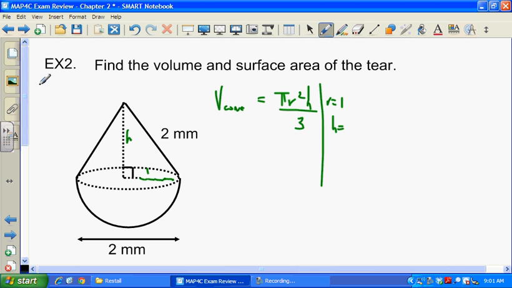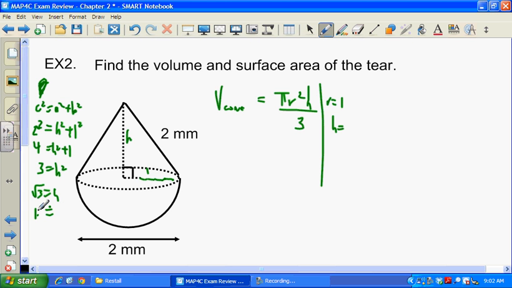So in the Pythagorean theorem, I've got c squared, again, formula that you can put on your formula sheet if you like. The hypotenuse is 2 squared equals h squared plus 1 squared, subtract 1 from both sides. H is the square root of 3, which is about 1.7, I think.